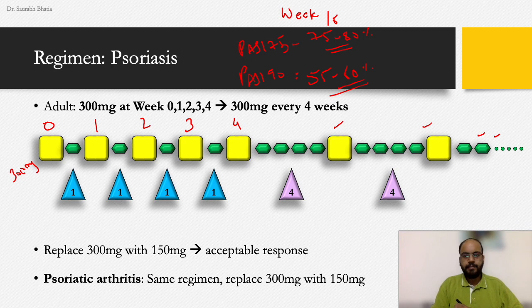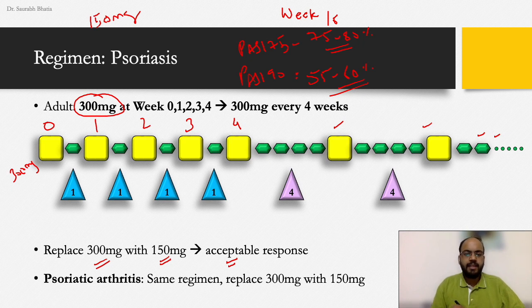Now it has been found that since the dose recommended is 300 milligram, people have also used only 150 milligram instead of 300 milligram. If we replace 300 milligram with 150 milligram, half the dose, the response is acceptable, although not as good as 300 milligram. And it has been found that when we stop Secukinumab, the relapse rates are higher with 150 milligram.